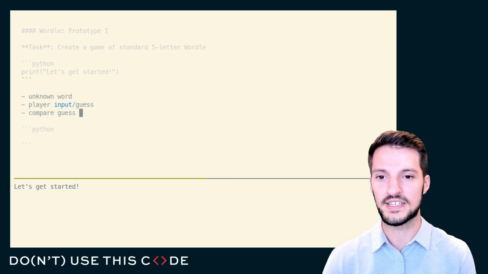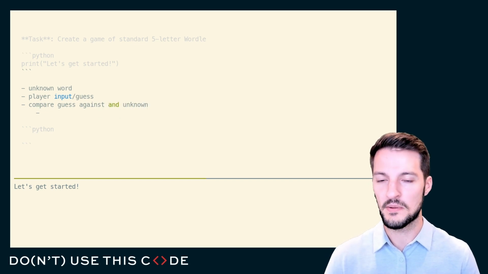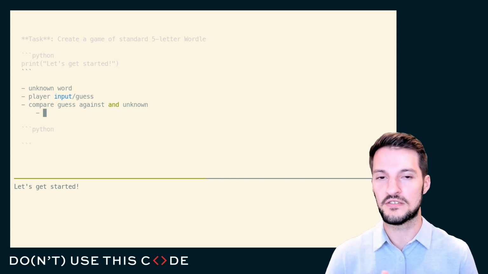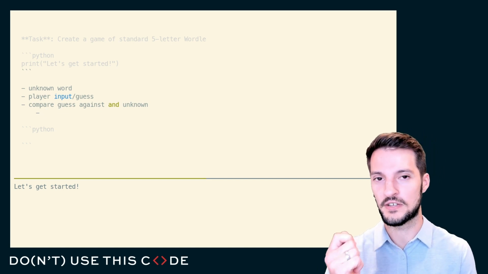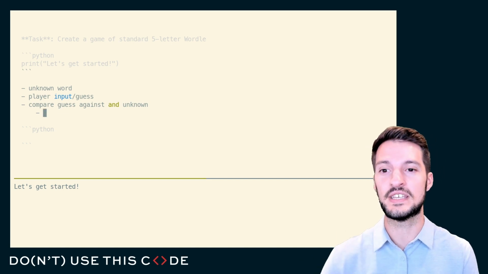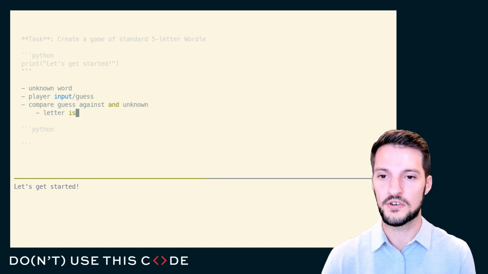So we compare the guess against an unknown, and this is interesting because we get 3 different values back based on the letters. If the letter turns green, that means we guessed the letter in the correct position. So the letter is in the word and correct position.